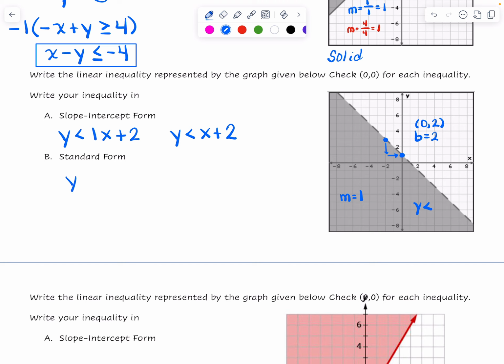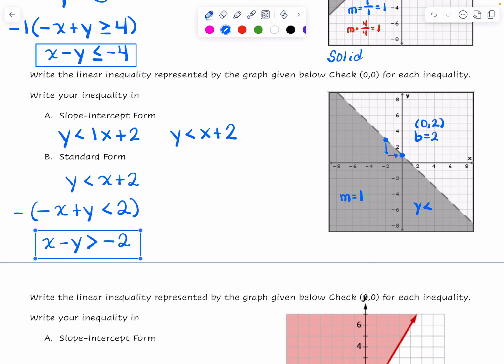Now to write that in standard form, we're going to move x to the other side of the inequality by inverse operations. So I'll have negative x plus y is less than 2. Multiply everything by a negative, so that'll give me x minus y is greater than negative 2.